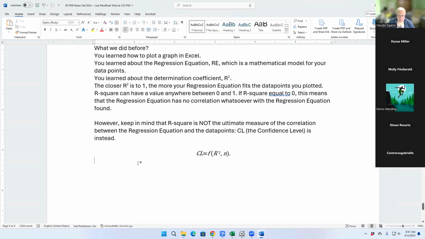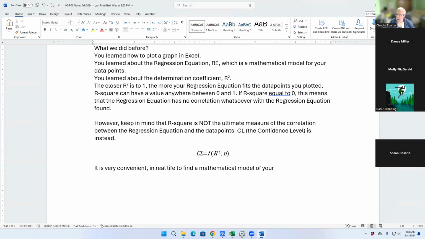It is very convenient in real life to find a mathematical model of the data you get in real life.